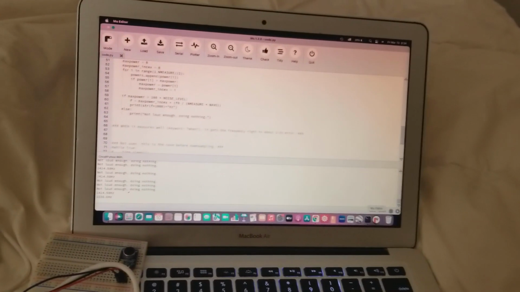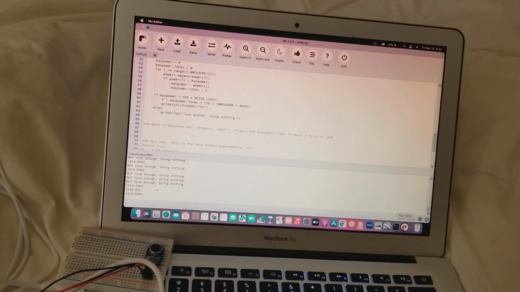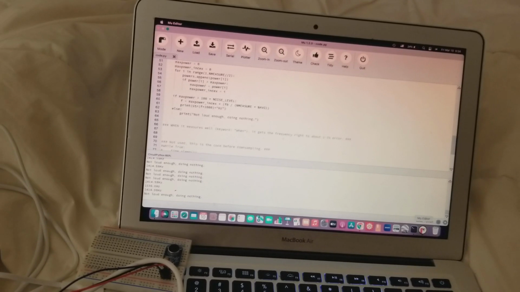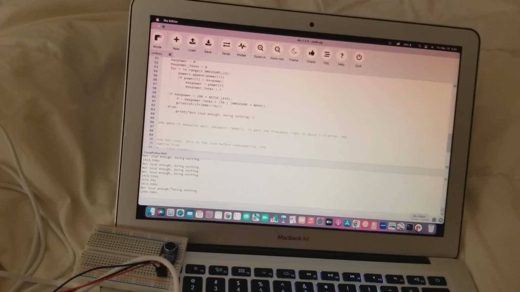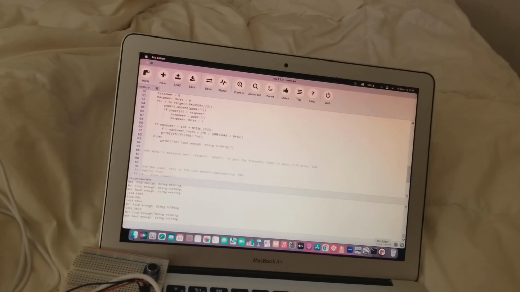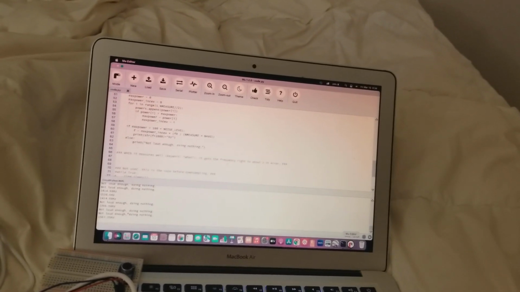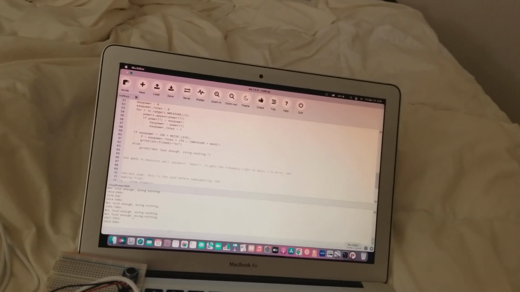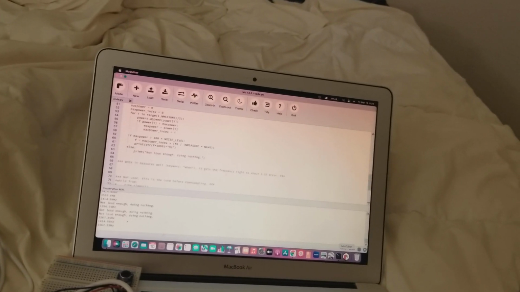So it often doesn't hear it, but the best measurement, the one that appeared on screen, was about 1588 hertz. So again, the frequency that's being played is 1600 hertz, so 1588 is fairly reasonable.